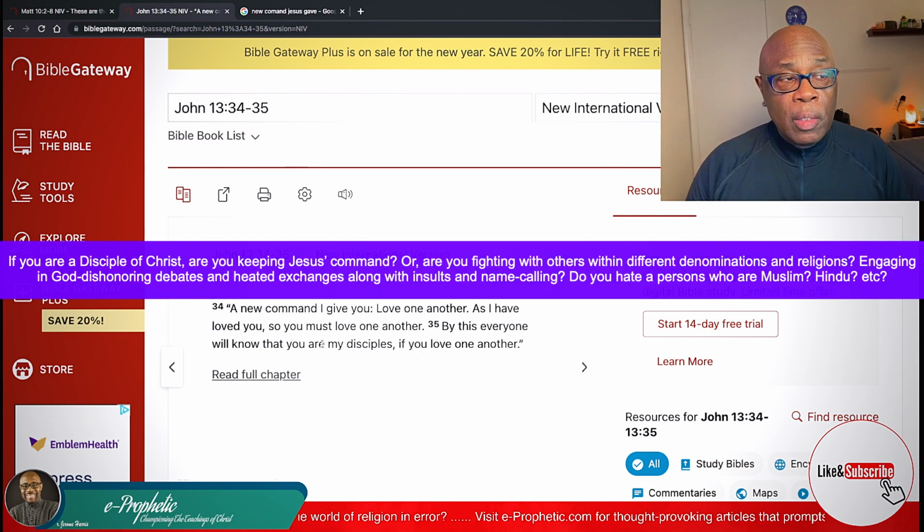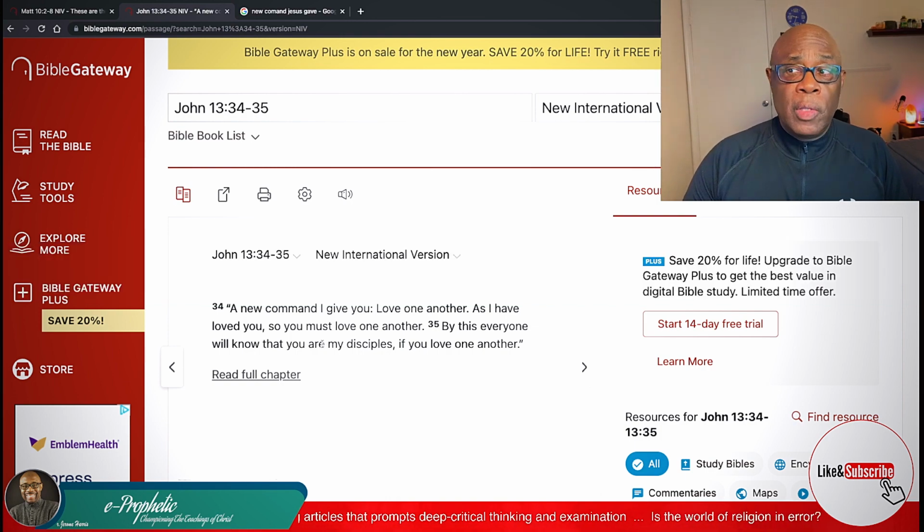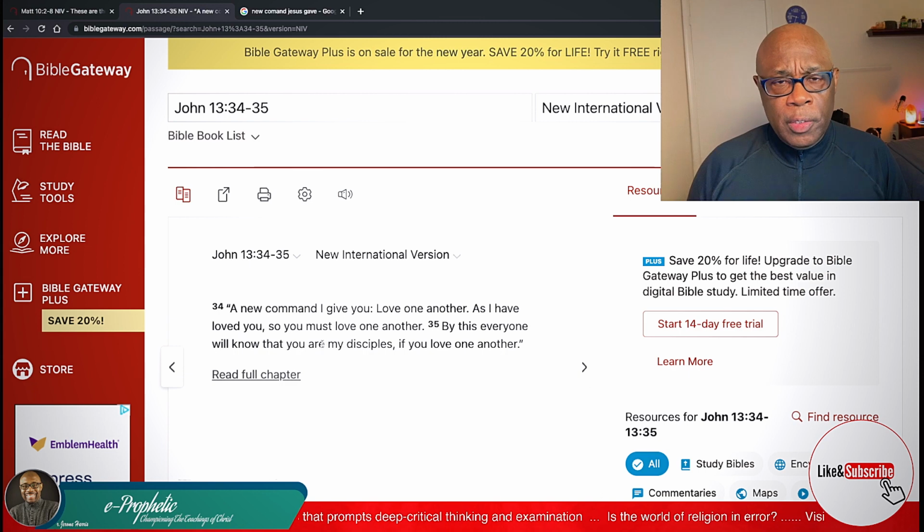And by doing that, all will plainly see that I and those who do this are his disciples. But what we oftentimes see out here are persons who claim that they are disciples of Christ in all these different silos, fighting amongst themselves and fighting others who also claim that they are persons of God in Christ.